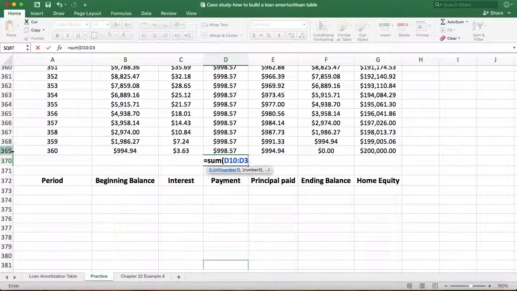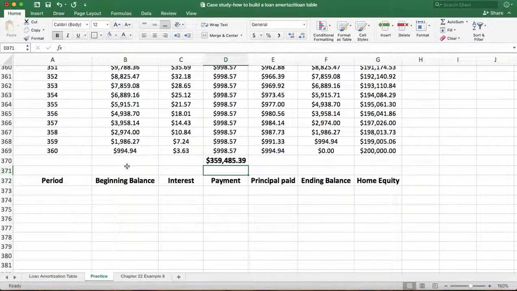The corresponding row is 369. Return. So we add up all the payments. We got 359 thousand more.